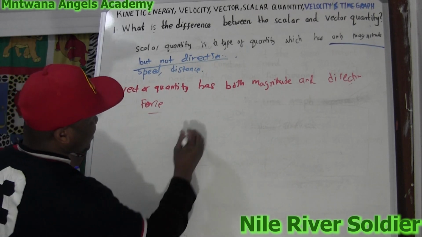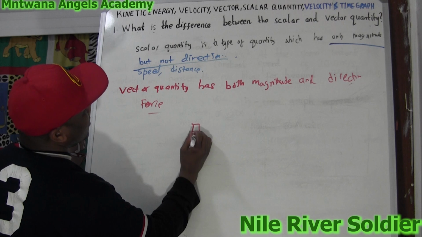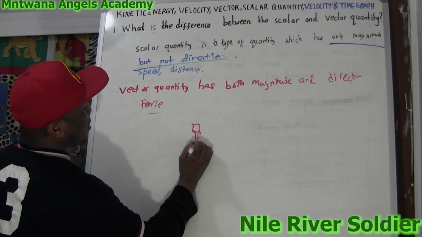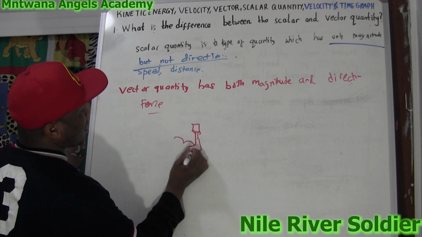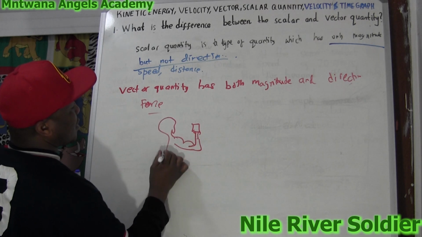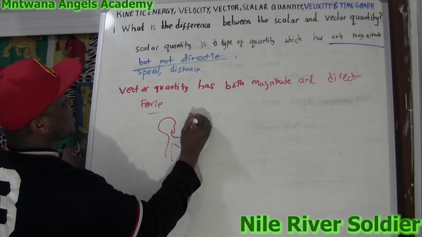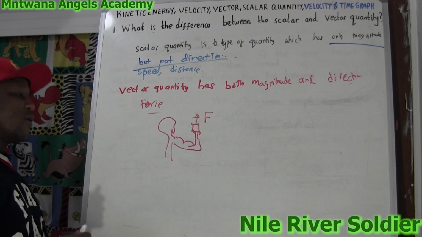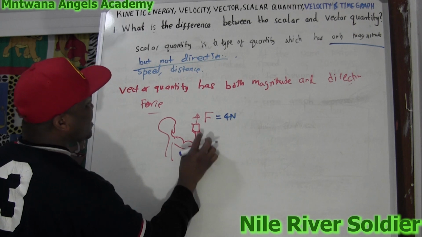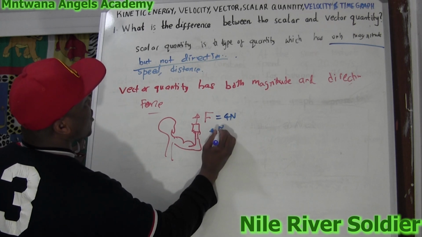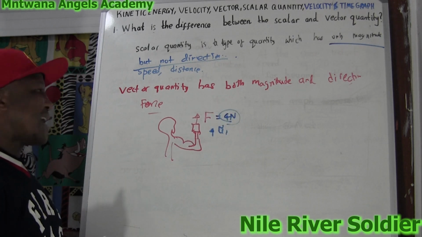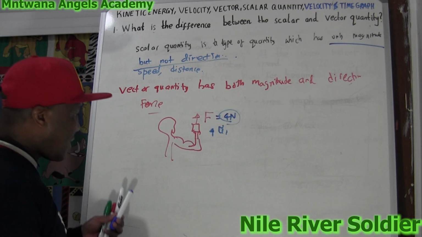Because if I push anything, let's say I'm pushing this stuff up, I have to use a force. So the force has, let's say, 4 Newton. But which direction? Upward. It means it has a magnitude and direction, so that's a vector quantity.